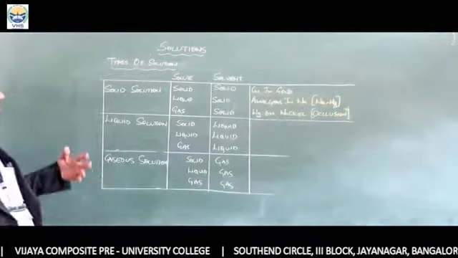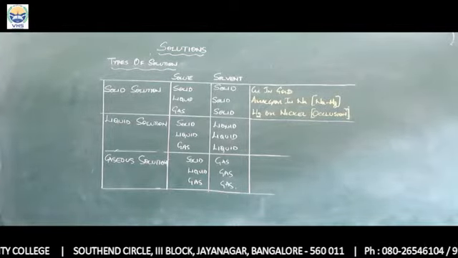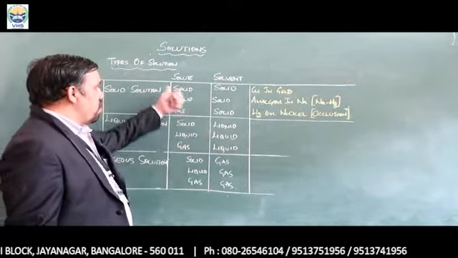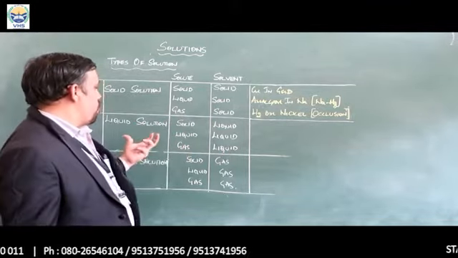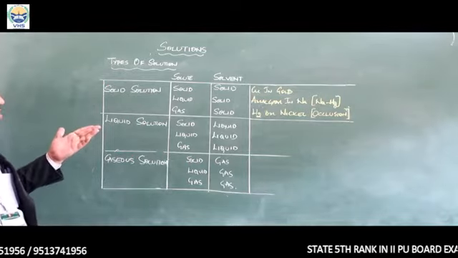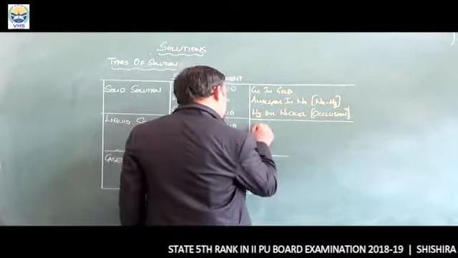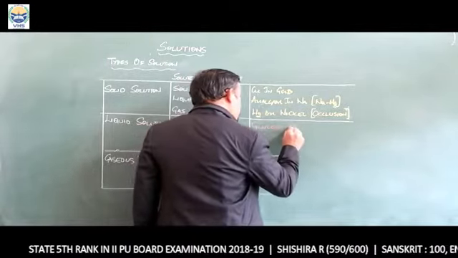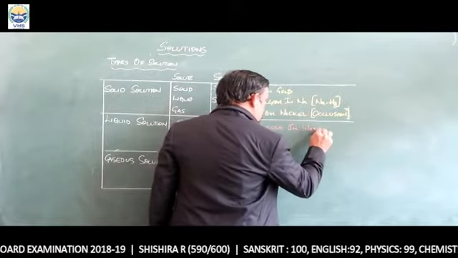Now the next part is liquid solution. Liquid solution means here the solvent will be liquid, and the solute will be solid, liquid or gas. Give an example for a solution in which the solute is solid and solvent is liquid. One of the simplest examples you can consider is glucose in water.